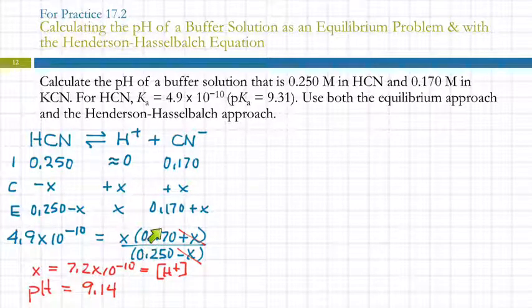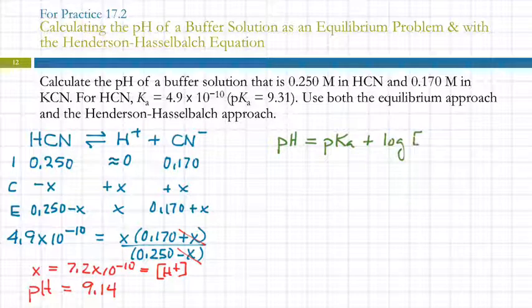Now, sometimes you can't use the x is small approach and you actually have to solve this, but it still works. The Henderson-Hasselbalch equation only works if x is small. We did determine that x was small over here, so over here, we're going to use the other approach using the equation pH equals pKa plus the log of the base concentration over the acid concentration. This is the base, that's the acid.